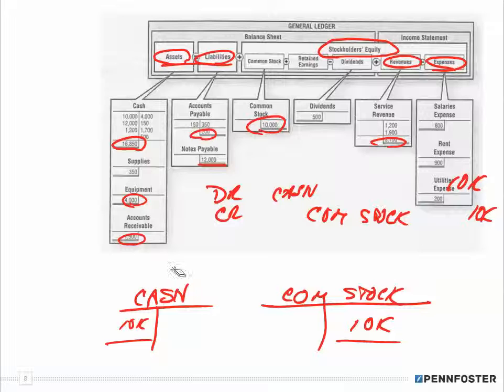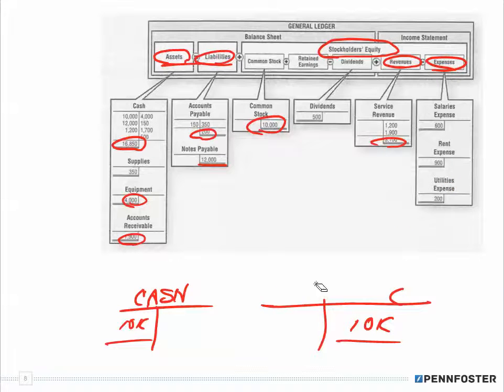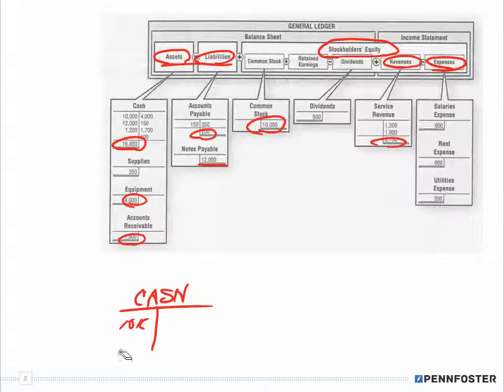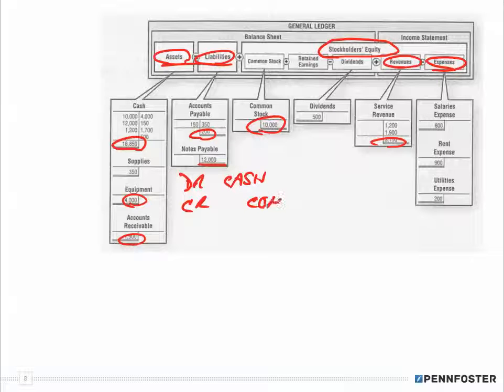Well, once I've posted that entry into the ledger accounts, right? Remember, I used these T accounts just to make the journal entries, right? But if I was looking at the journal entry, a debit to cash, a credit to common stock, I shouldn't have erased that, but such is life.